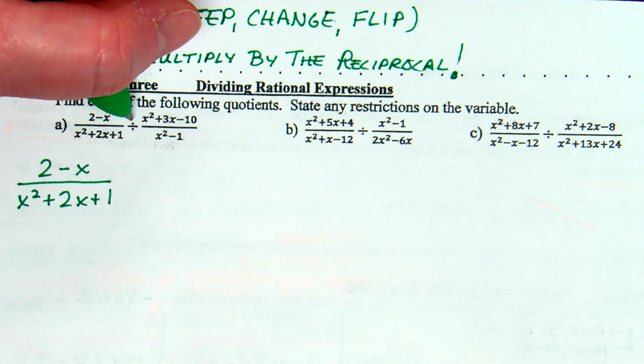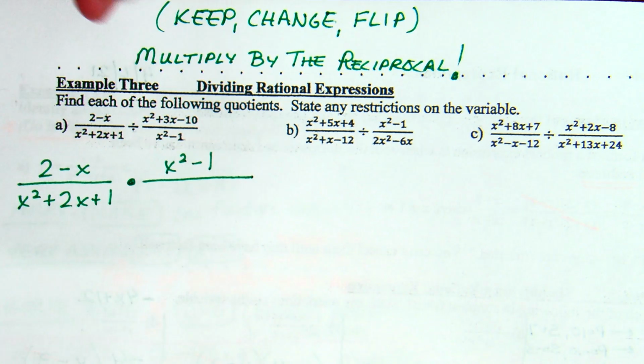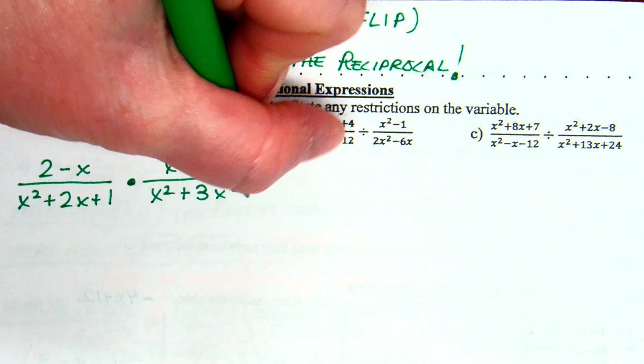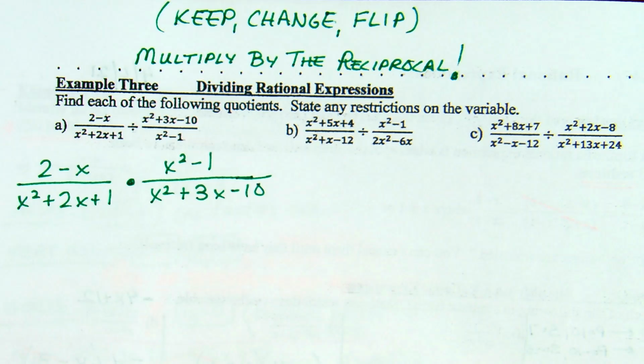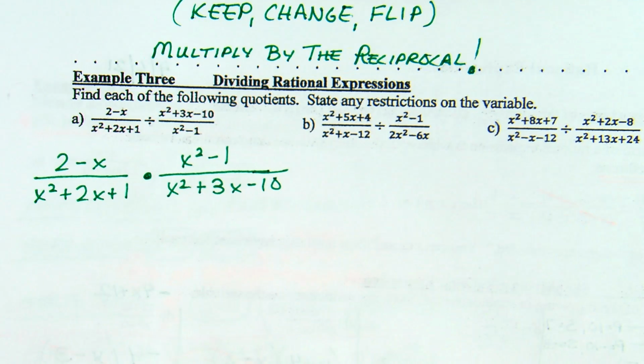And then my second fraction is the reciprocal. So it becomes x squared minus 1 over x squared plus 3x minus 10. And then we're doing exactly what we did on the front side of the notes. That's the only added step, okay, is make sure you flip that second fraction. Other than that, it's a repeat of the front side.